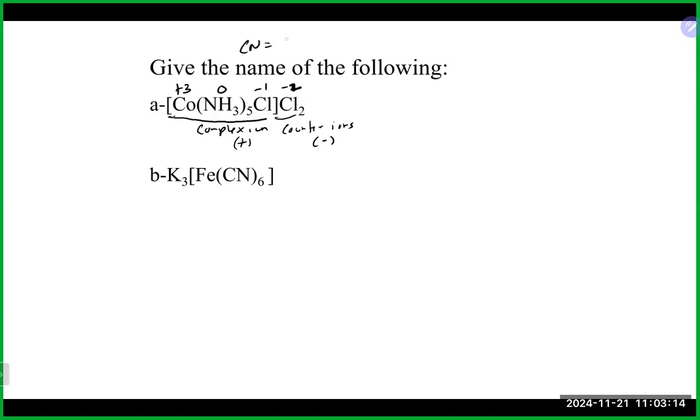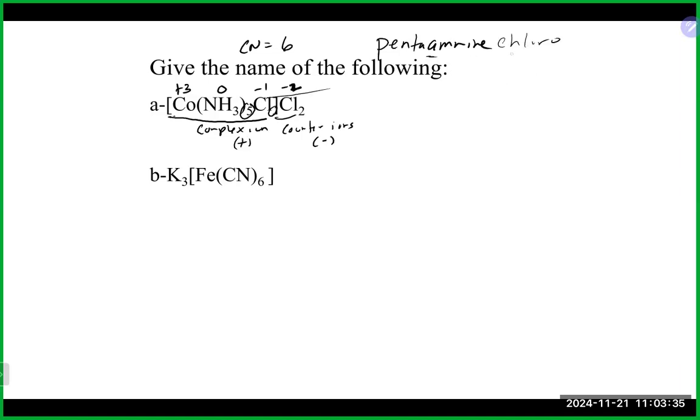Coordination number on this one is also 6. We've got 5 there and 1 there, basically. And here we can just start with our ligands. So we've got 5, which is pentammine. We've got Cl, which is chloro.